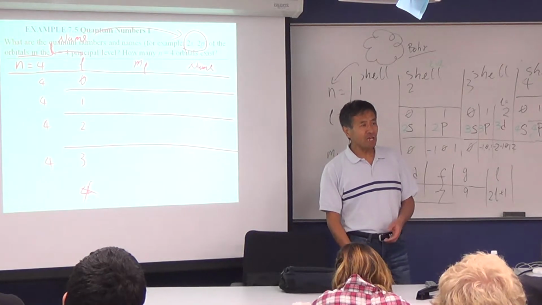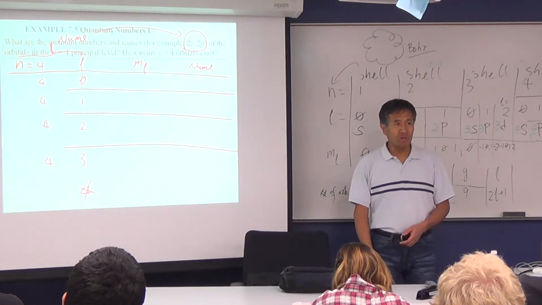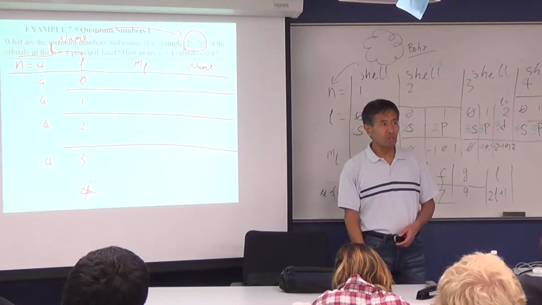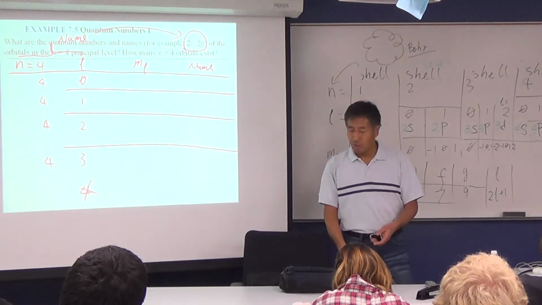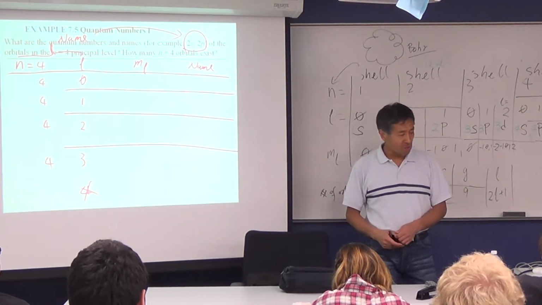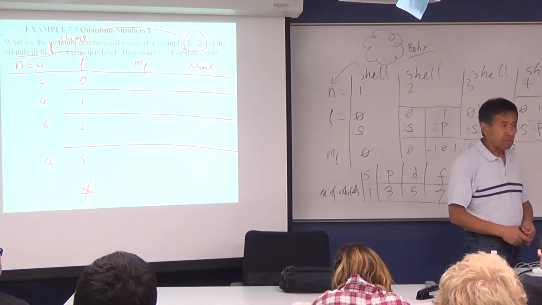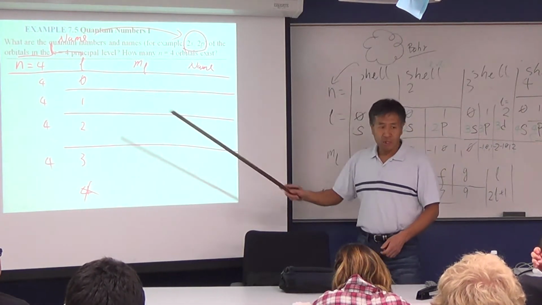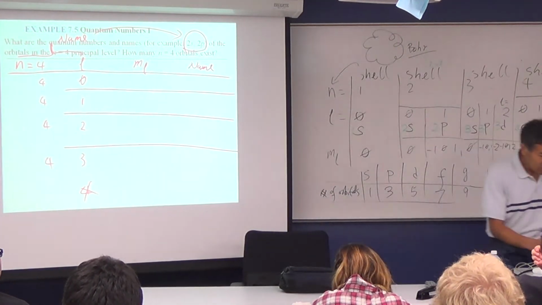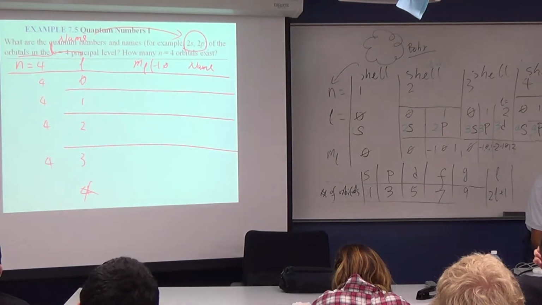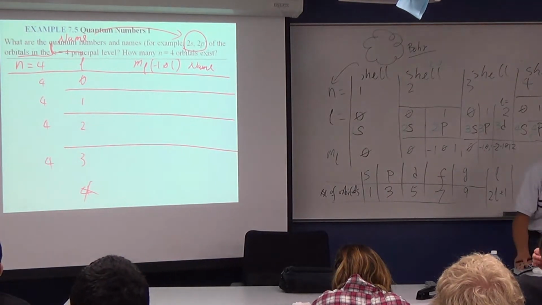You see what are the numbers of L. The ML will depend on the L. Let's see the first one, so we'll think about the ML. You remember the formula is like, if I write here, negative L, 0, and then L. You understand?